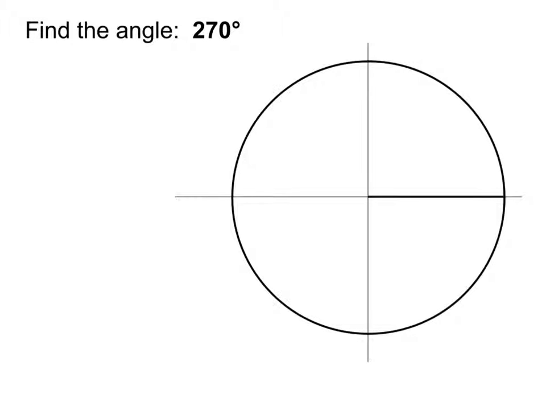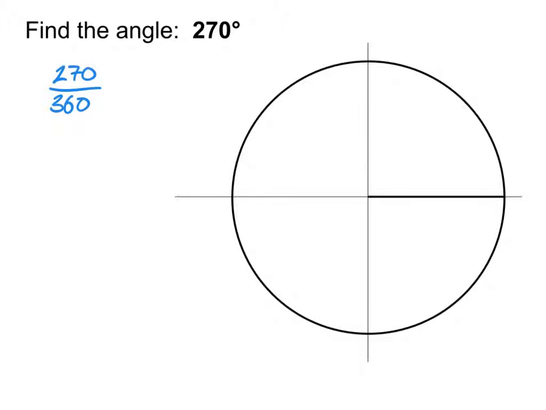So to find where 270 is, basically we just have to keep going around the circle as far as we can to know where that is. Now, how much of the circle would that be? Well, there's different ways to know it, but one thing that you can do is to think about 270 out of the whole circle.